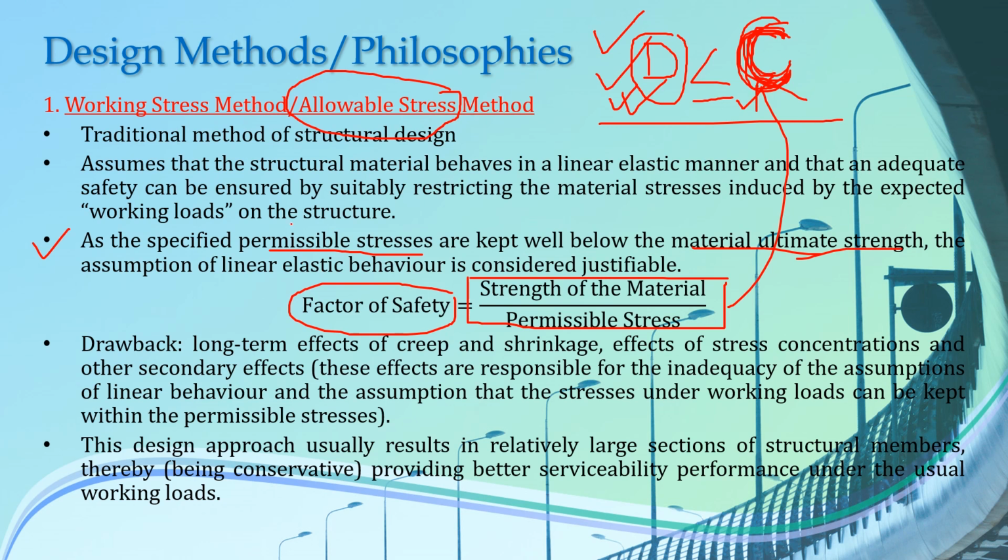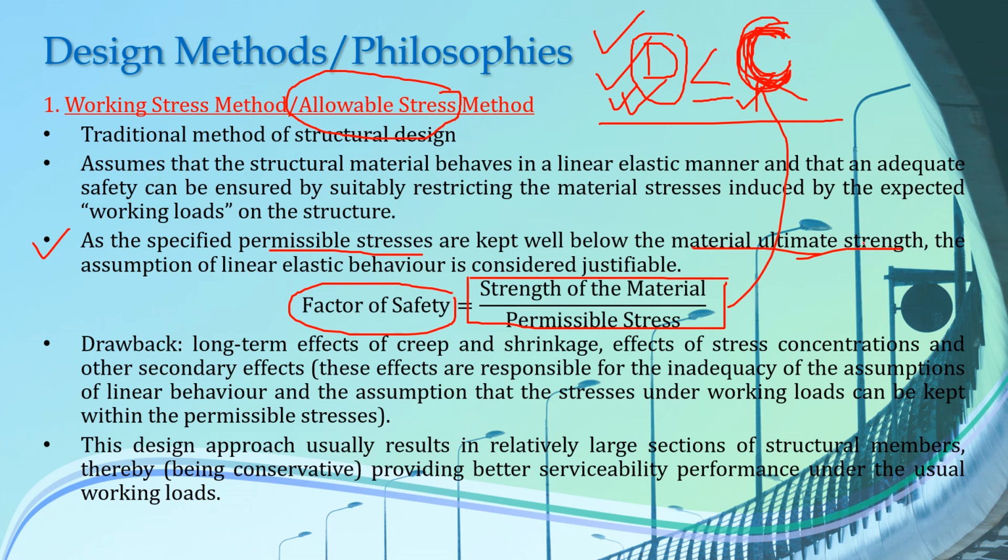So what is the drawback, or the negative point, of this approach? Since we consider that the stress-strain curve, or the behavior of our material, is always linear elastic in this method, but that behavior may not actually be true in real-life situations, since there are many factors that affect the elastic behavior and induce non-linearity in our material.